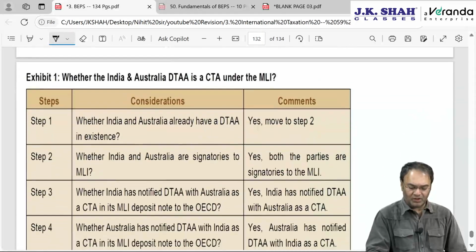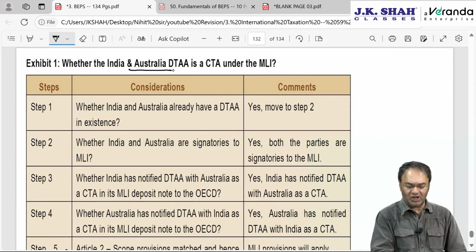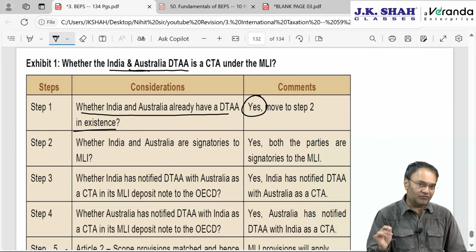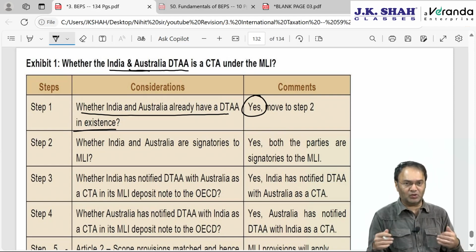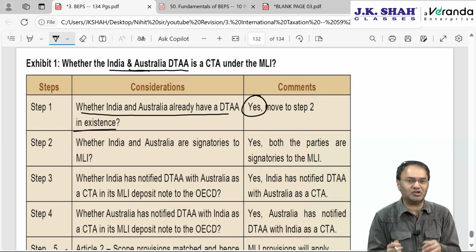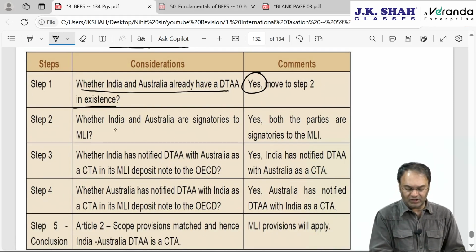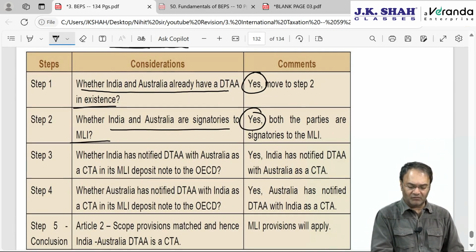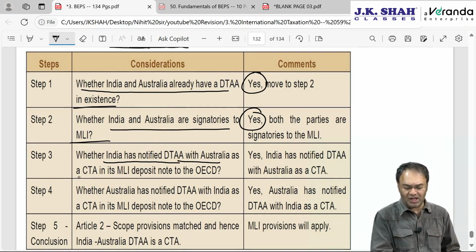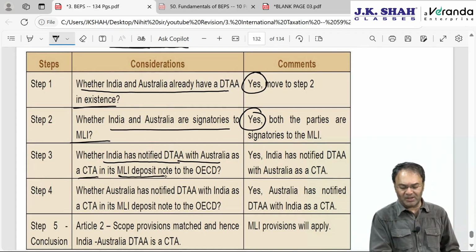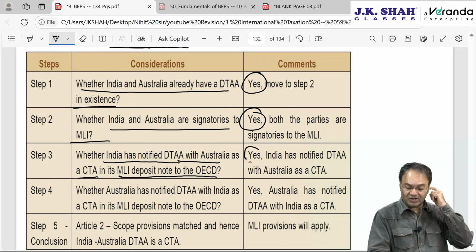Okay, so some examples, suppose in the India-Australia DTAA. Whether India and Australia already have a DTAA, answer yes. First of all, they should have the DTAA, then only we can think of making it subject to MLI. Whether India and Australia are signatories to MLI, answer yes, both of them are signatories. Whether India has notified or deposited its DTAA with Australia as covered tax agreement in its MLI deposit note, answer yes.